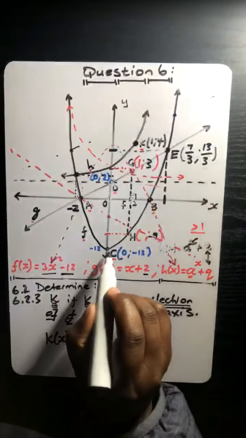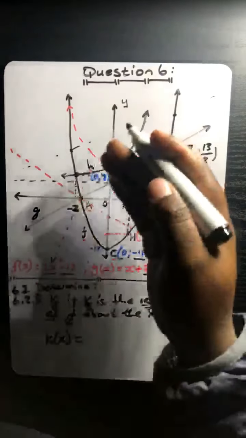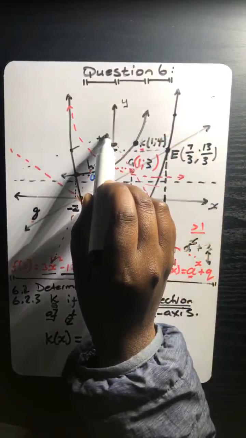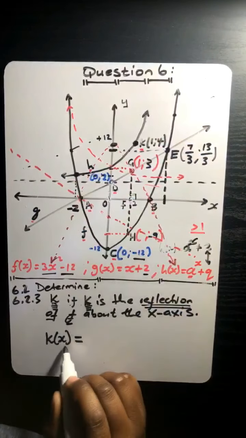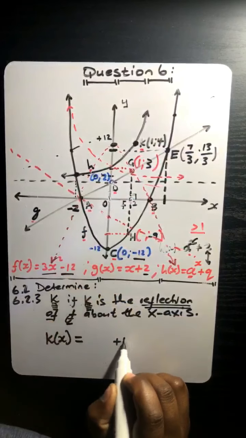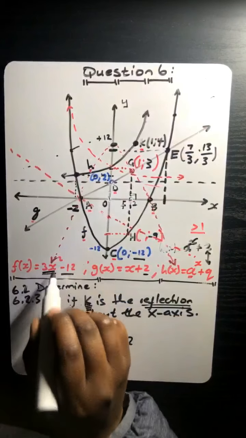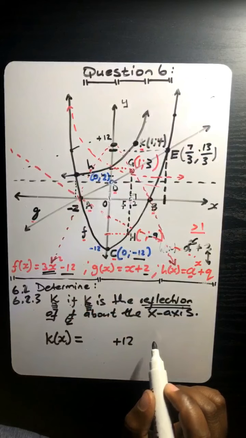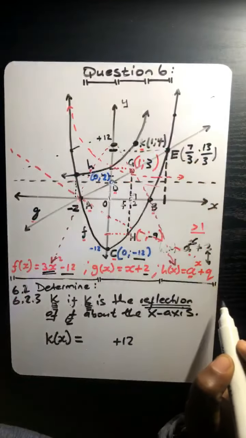Can you see there it is negative 12, which means when it reflects, it is going to cut there where it is now positive 12, which means already for this function of k, I know that I'm having positive 12. And again, let's come to this part. Shravan, do you still remember that we said for a parabola, if it looks like this, it's a sad shape.